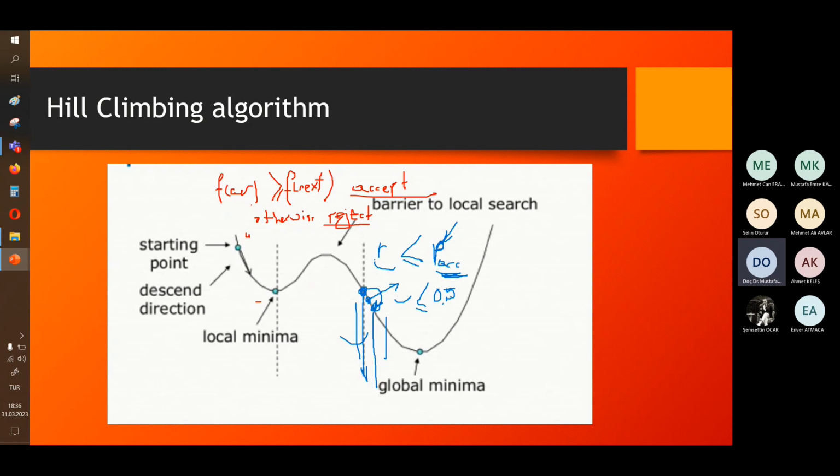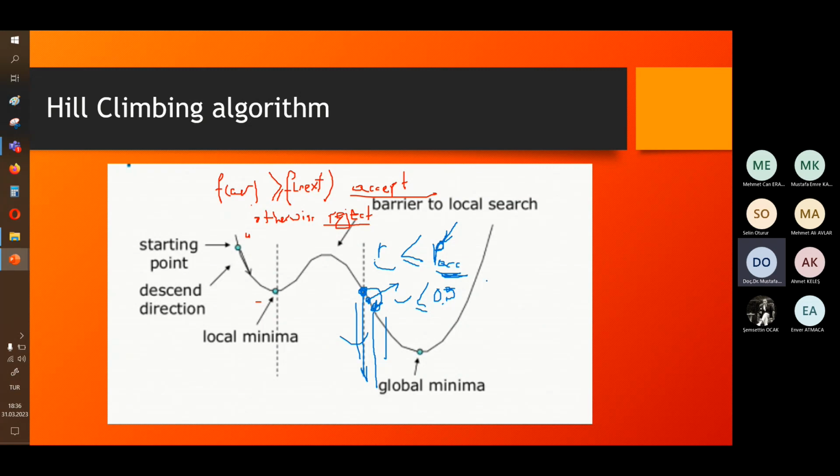And that is a constant acceptance ratio. Let's say if the threshold value is 0.9, 90% of the times we will be accepting bad solutions. If it is 0.1, 10% of the bad solutions will be accepted when they are worse than the current solution.